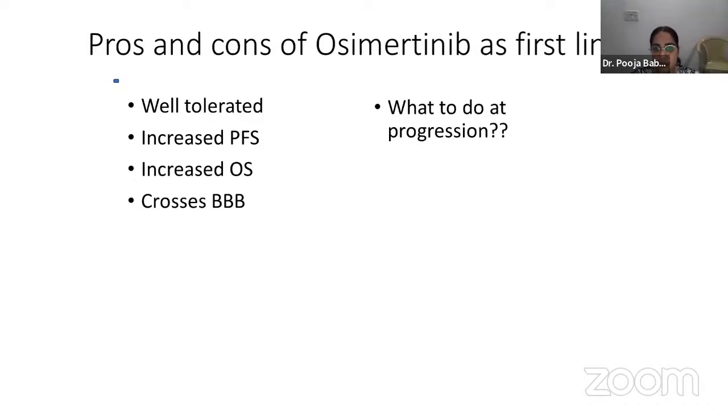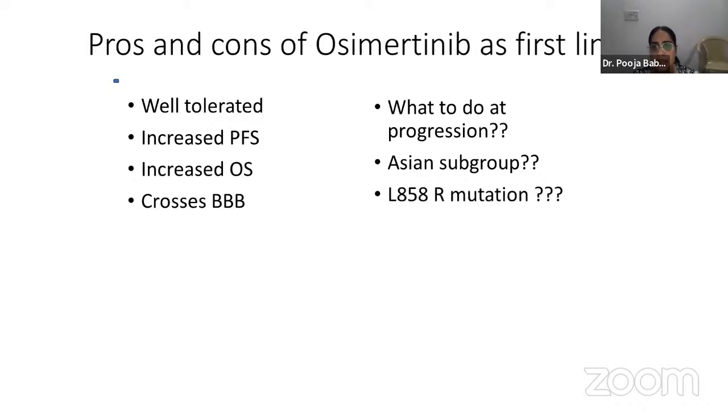But once we give osimertinib upfront, it reduces the emergence of EGFR resistance, but quite heterogeneous resistance emerges, like MET amplification, compound mutation, uncommon mutation, exon 20, and C797S. So definitely we have limited options at progression when we expose patients upfront to osimertinib.